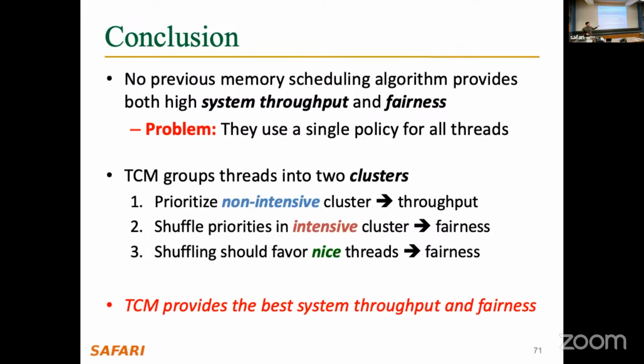And we have this asymmetric shuffling between nice threads that improves fairness even more. We conclude that TCM provides the best system throughput and fairness at the time it was published, I guess.